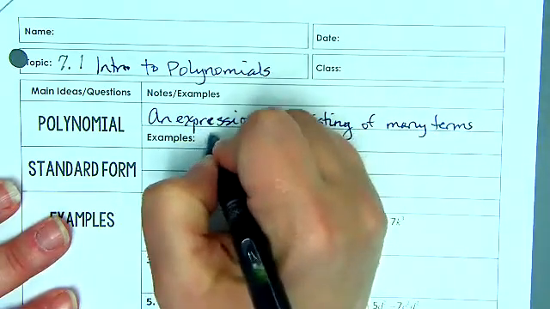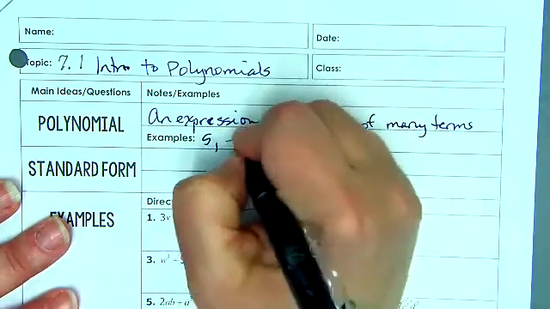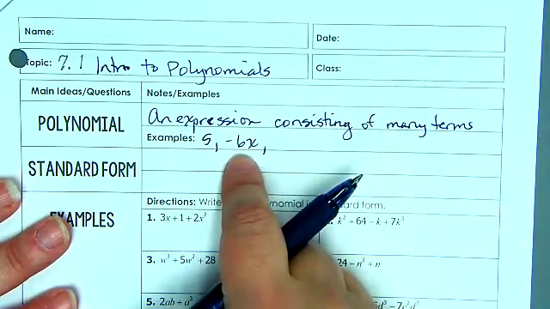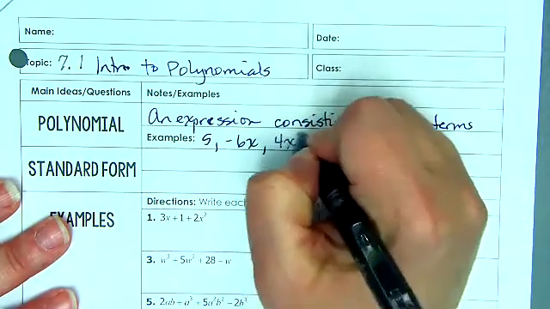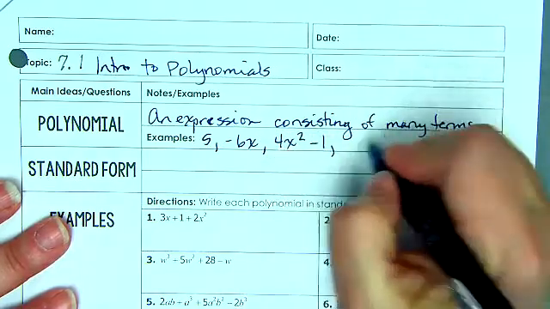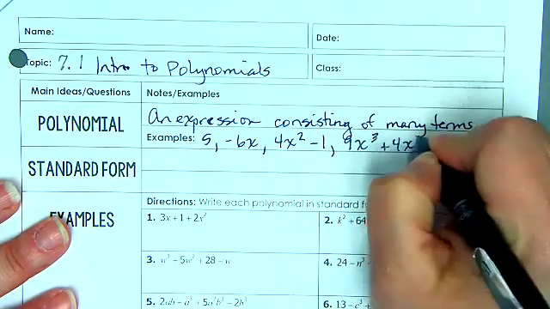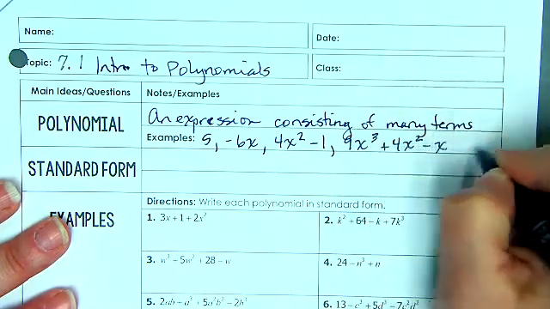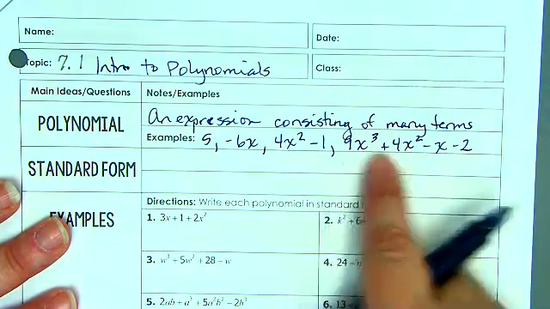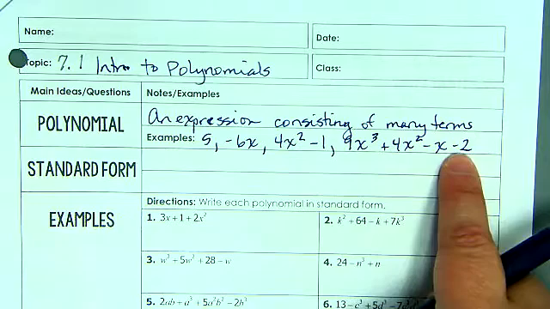Examples of that are 5, that's a polynomial. -6, that's a single term, but it's a polynomial. 4x squared minus 1, that's a polynomial, but actually has 2 terms. 9x to the third plus 4x squared minus x minus 2 is a polynomial, and it actually has 4 terms. 1, 2, 3, 4. This is -x, -2.